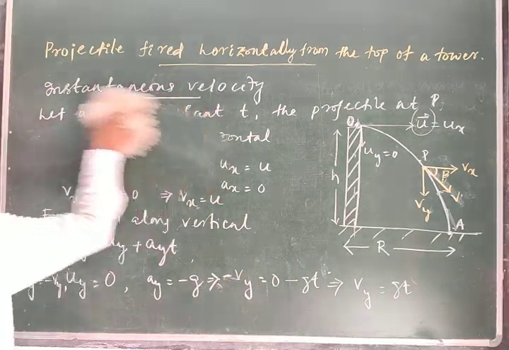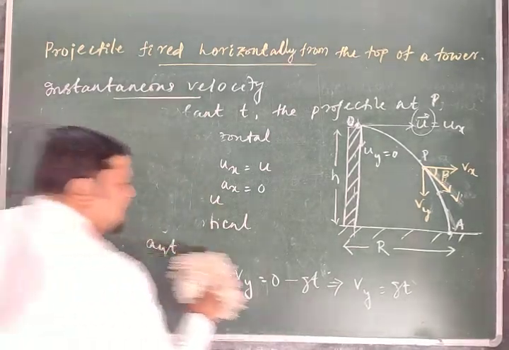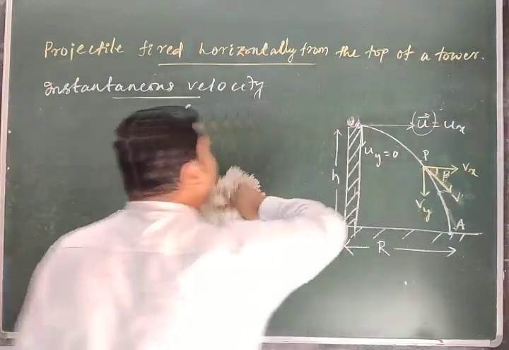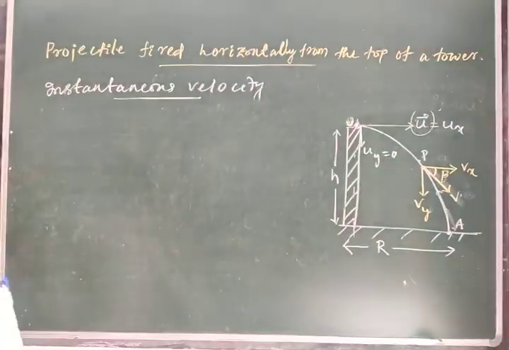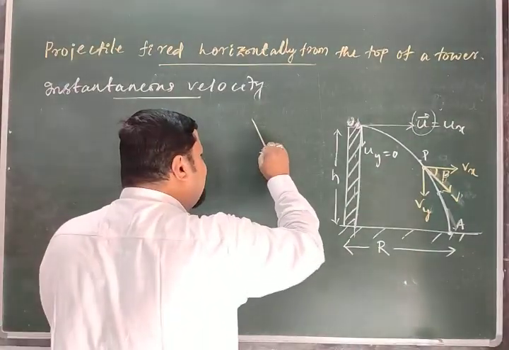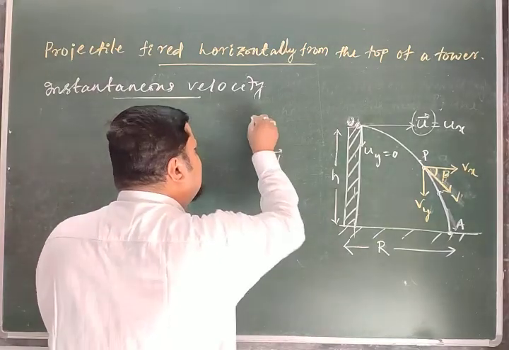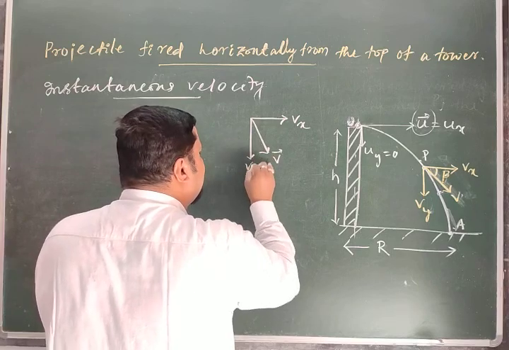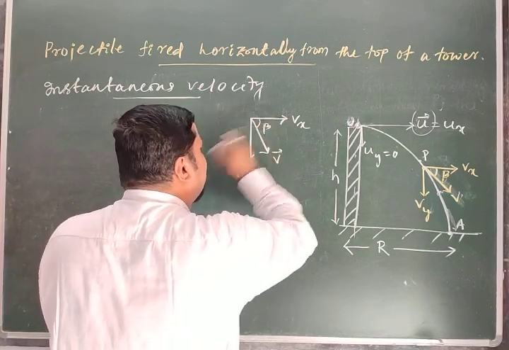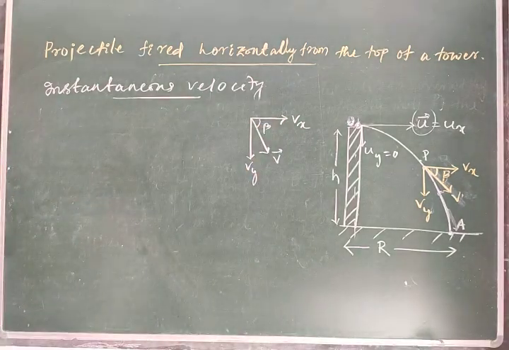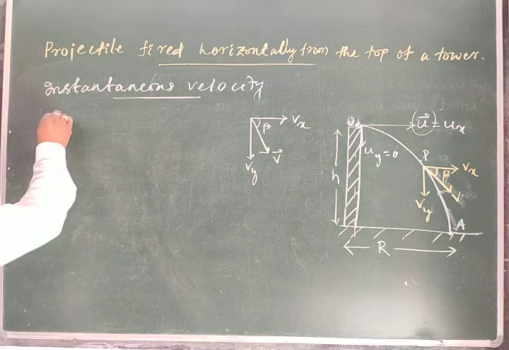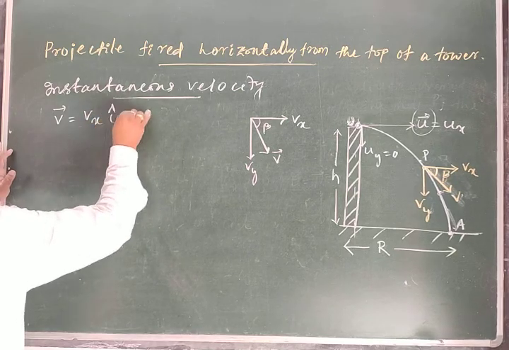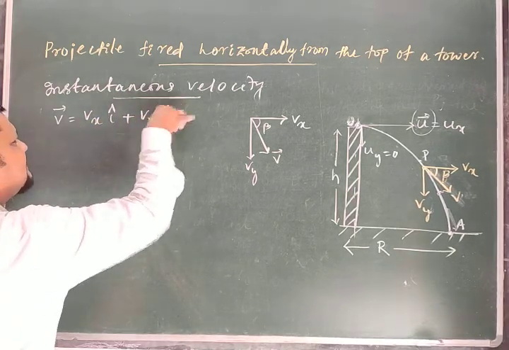So after knowing these two, what is v? As vx and vy are the two rectangular components of v, this is your v, this is vx, this is vy, and you have considered this as beta. Then v is equal to vx i cap plus vy j cap.